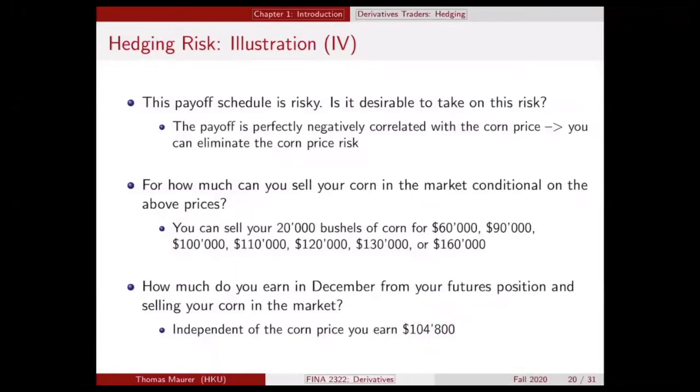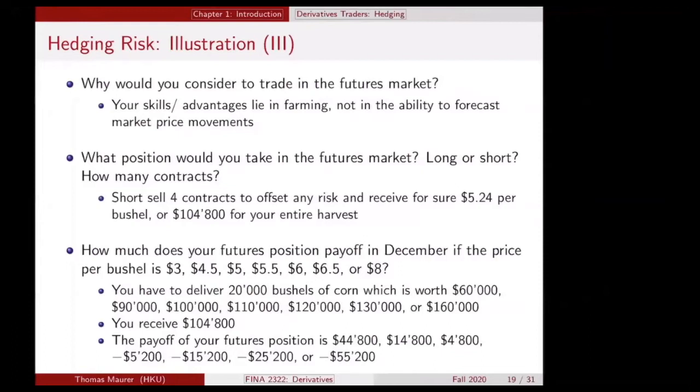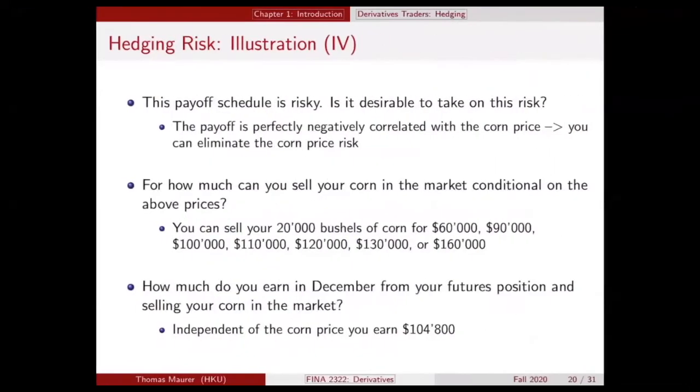Well, not really, because the futures contract was actually designed in a way where you say, well, me as a short position, I will deliver the 20,000 bushels and receive a fixed price of $104,800. That's exactly what we're going to get by adding up payoffs from the futures contract and from selling in the local market. So this is the perfect hedging example which you can obtain.